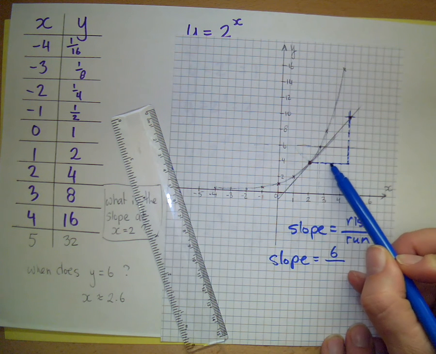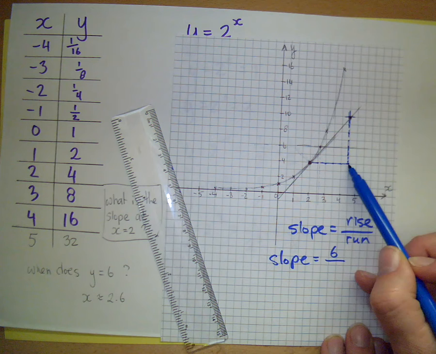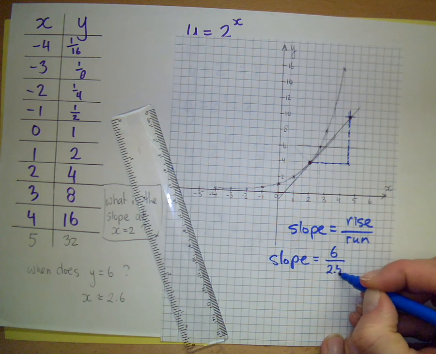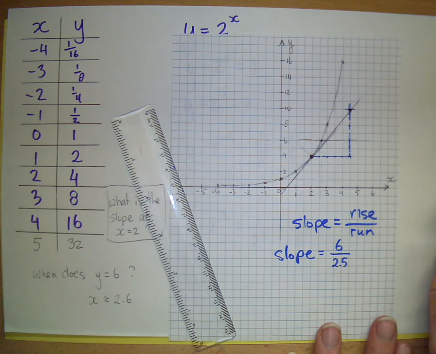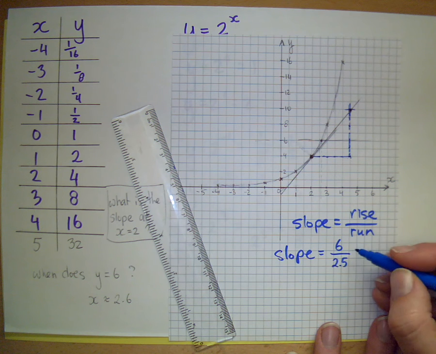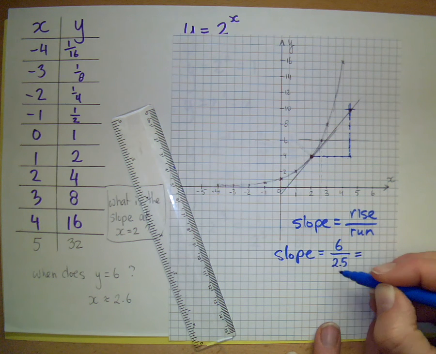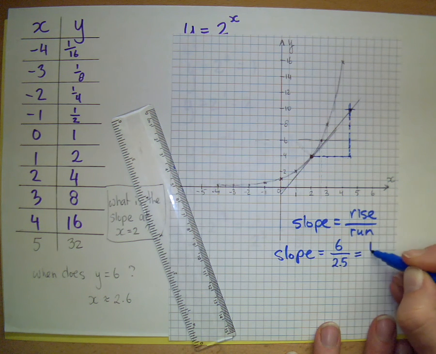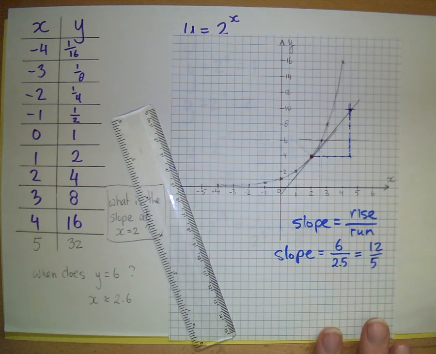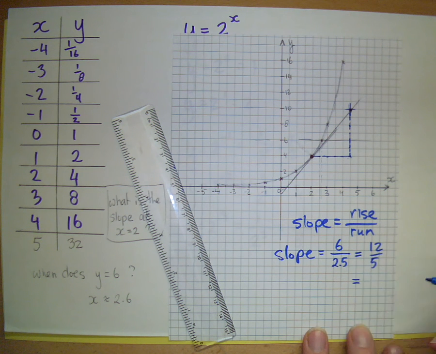So these 5 squares are actually worth 2.5. So 6 divided by 2.5. Let's make that whole numbers, like 12 over 5, and then let's make it a mixed number: 2 and 2/5. That's our slope.